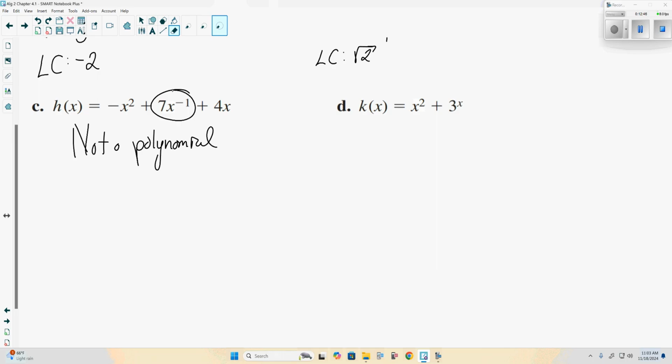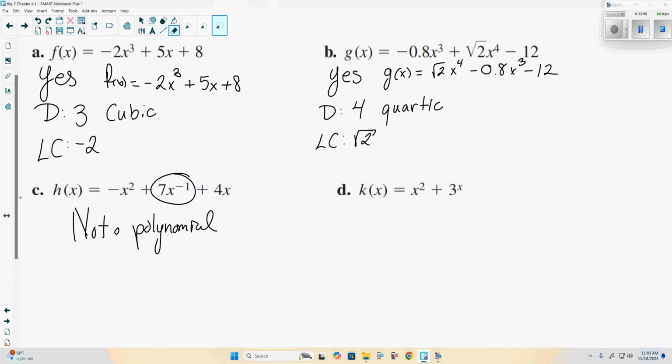Because it's not a polynomial function, we don't have to write it in standard form, state degree, type, or leading coefficient. And the last one on this here, letter D. No. Exponents can't be variables. Not a polynomial.